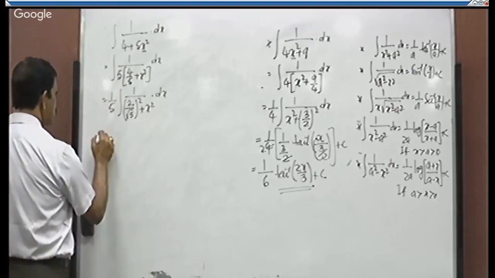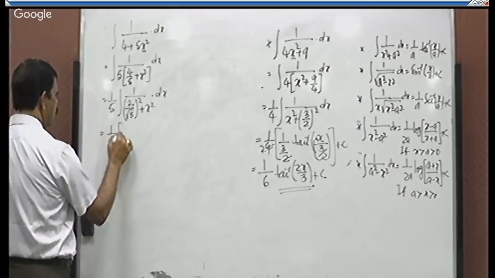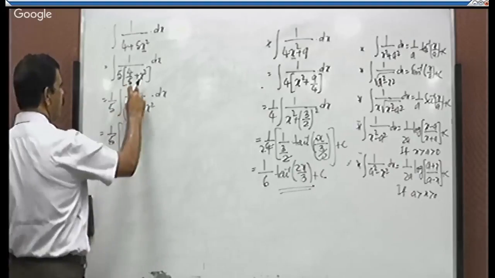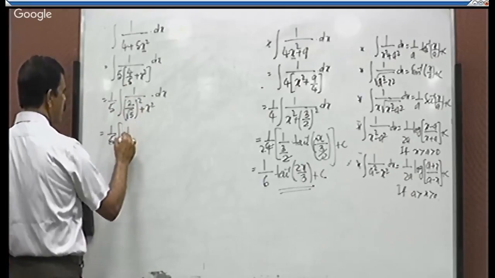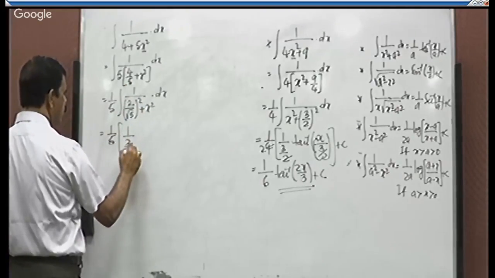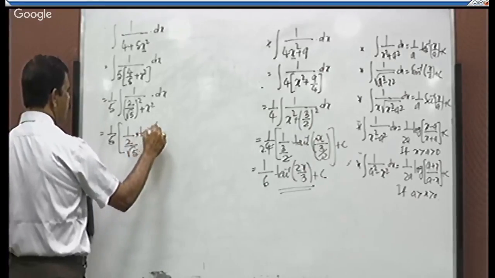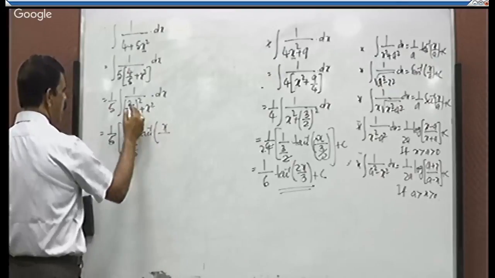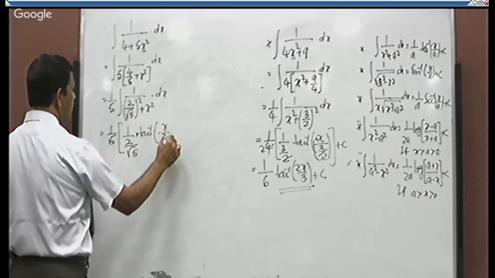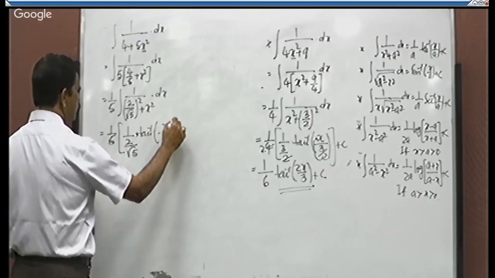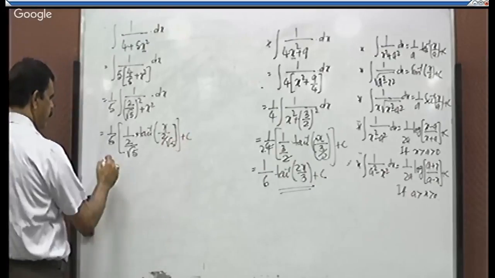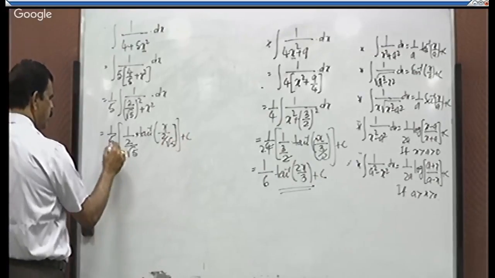Then you substitute according to the formula. What is the formula? 1 by x square plus a square is equal to 1 by a. A is what? 2 divided by root 5 into tan inverse of x divided by a. A is 2 by root 5 plus c.